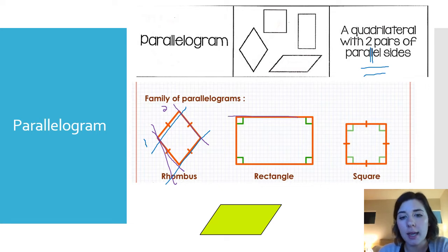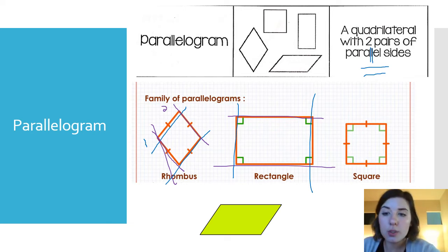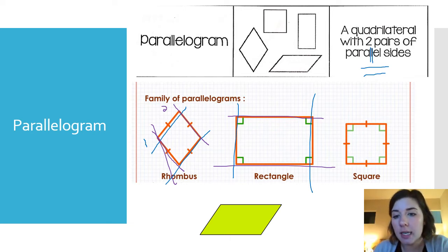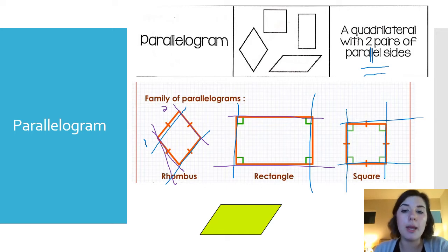If I look at a rectangle, the top and the bottom are parallel, but also the 2 sides are never going to touch. They're parallel. So that's 2 sets of parallel lines. Lastly, a square, which we know is a special type of rectangle, the top and bottom are parallel and the sides are parallel as well.